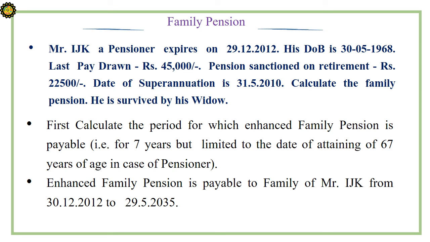Now we will first calculate the period for which enhanced family pension is payable, that is for 7 years, but limited to the date of attaining 67 years of age. So the enhanced family pension is payable to the family of Mr. IJK from 30th December 2012 to 29th May 2035.